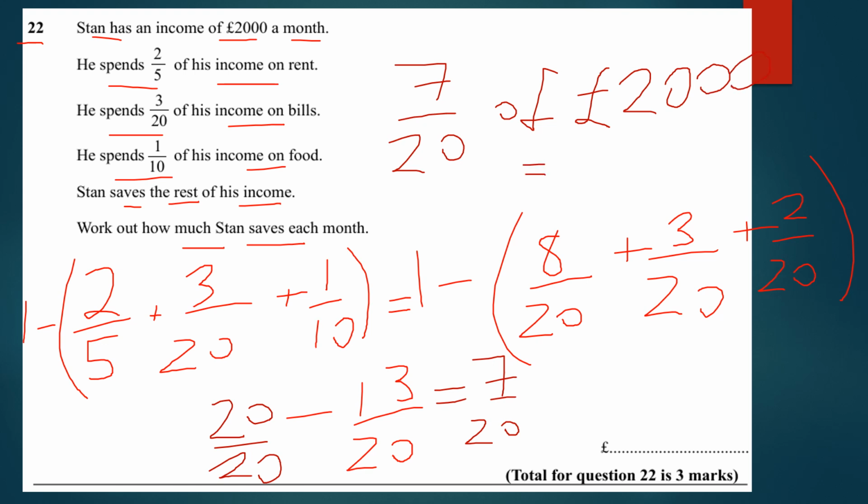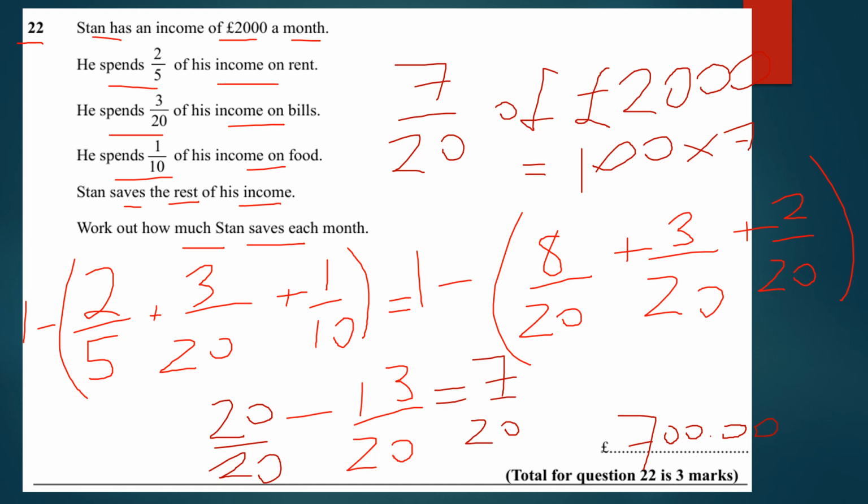So this divided by that will be 100. We're going to do 100 times 7, which will be £700. So he saves £700 of his income, and he spends £1,300 on his real life expenses.